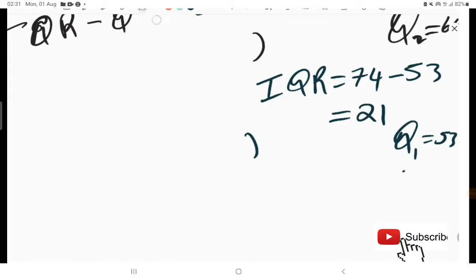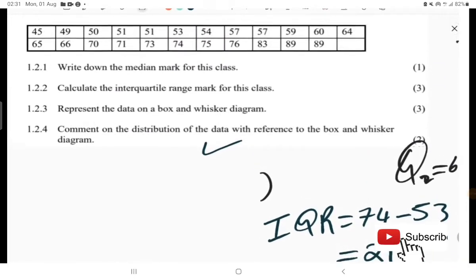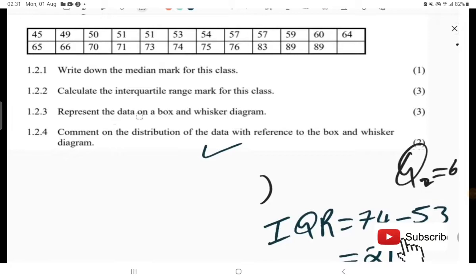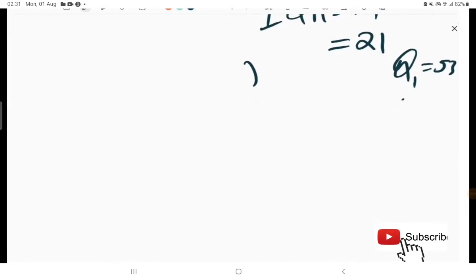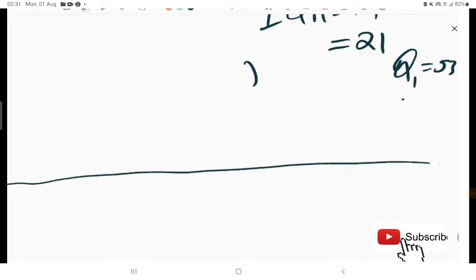Now, the next question says, represent the data on the box and whisker diagram. To represent the data in the box and whisker diagram, we have a number line with a scale. The scale is not necessary, but it's wise to try to be close to accuracy.